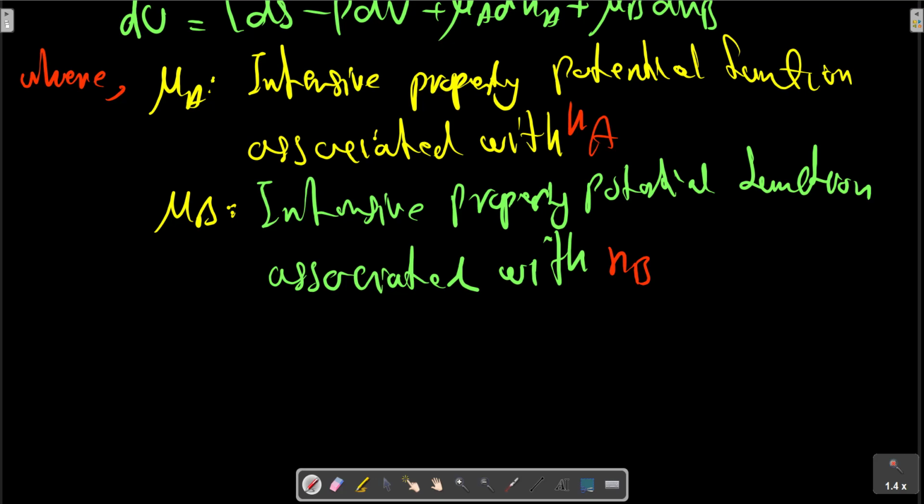This potential function is called the chemical potential.